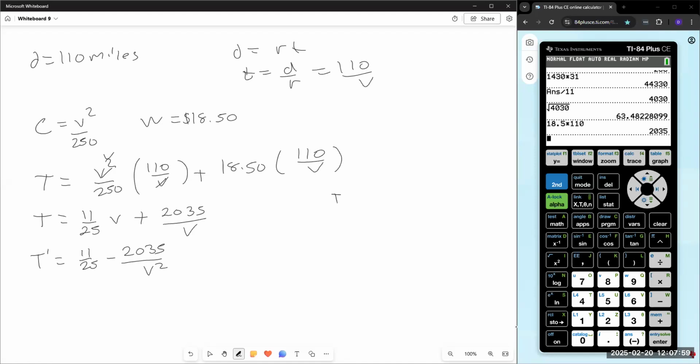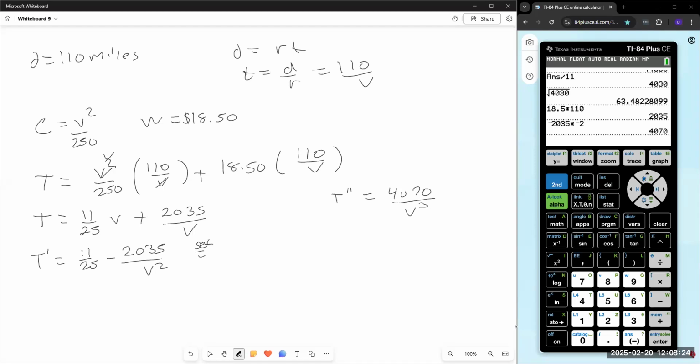T double prime is negative 2035 times negative 2 is 4070 over V cubed, which is going to be greater than 0 no matter what, because V is going to be positive. So whatever I find is going to definitely represent a local minimum.